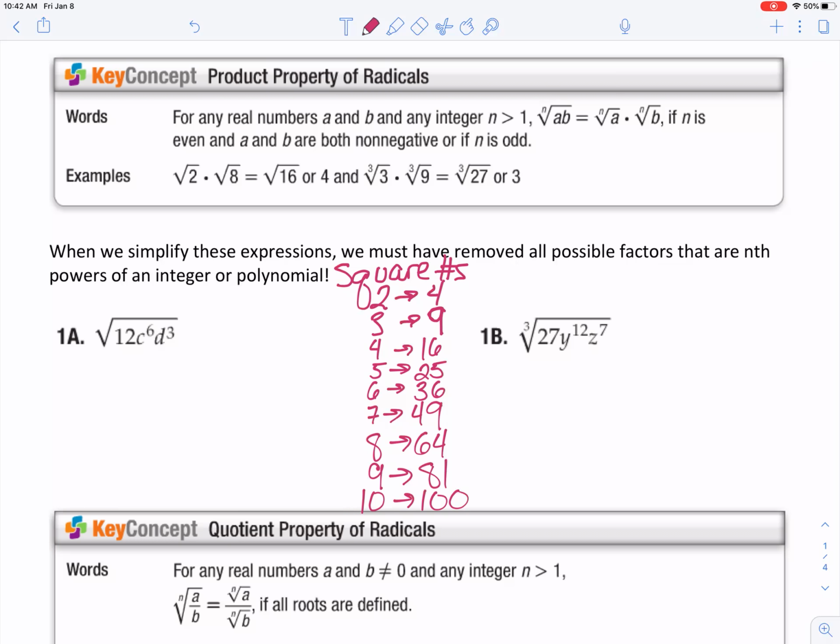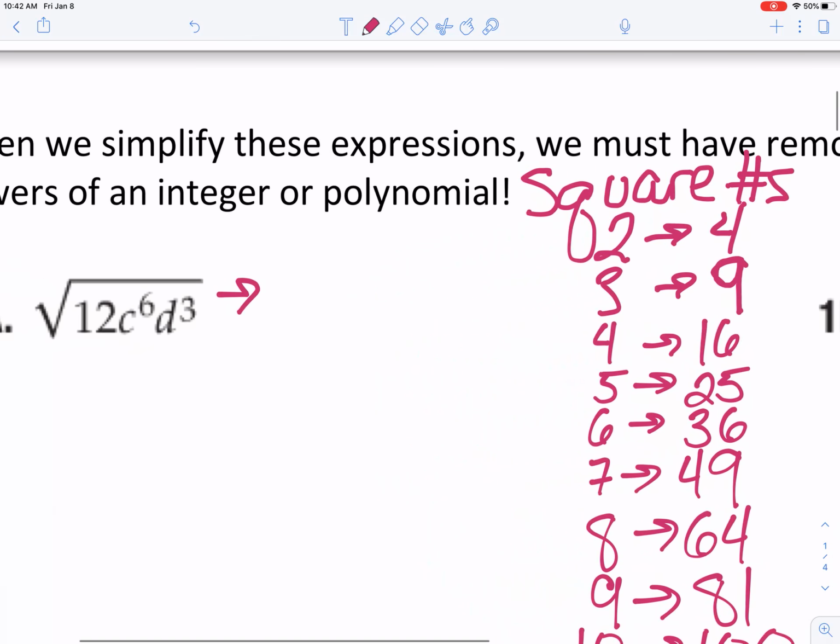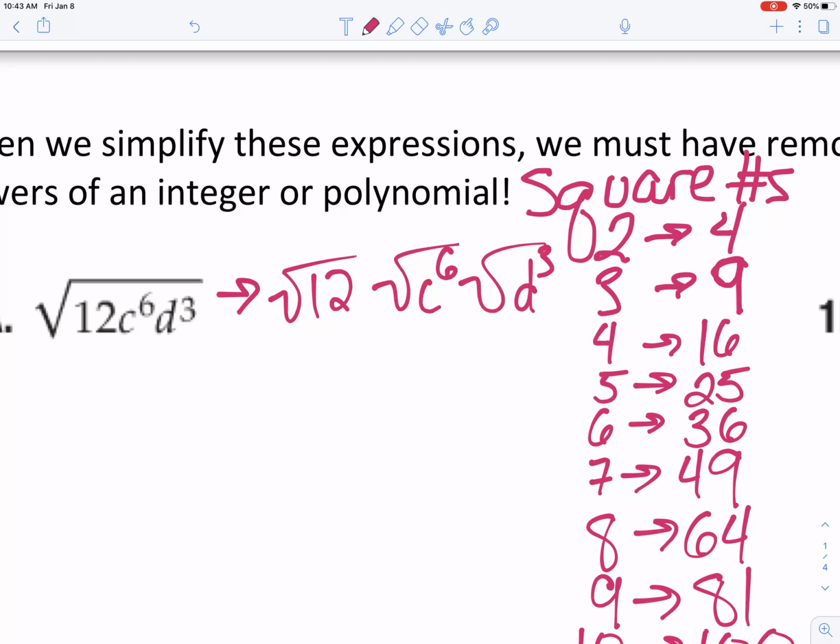When I look at 1a, I'm going to take this one piece at a time. The first thing I want to recognize is the fact that this can be rewritten as the square root of 12 times the square root of c to the 6th times the square root of d cubed. Let me do the 12 here.